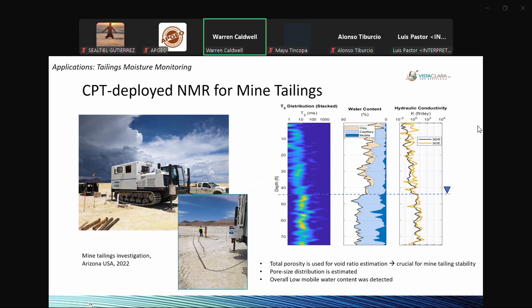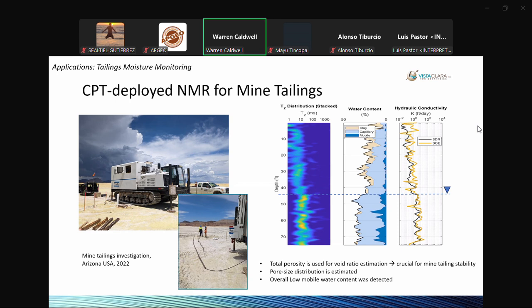This was a borehole that was drilled and 3-inch casing was installed, and this was logged with a traditional Javelin logging probe. Then that data was compared with the direct push result, and we got good agreement between the two.